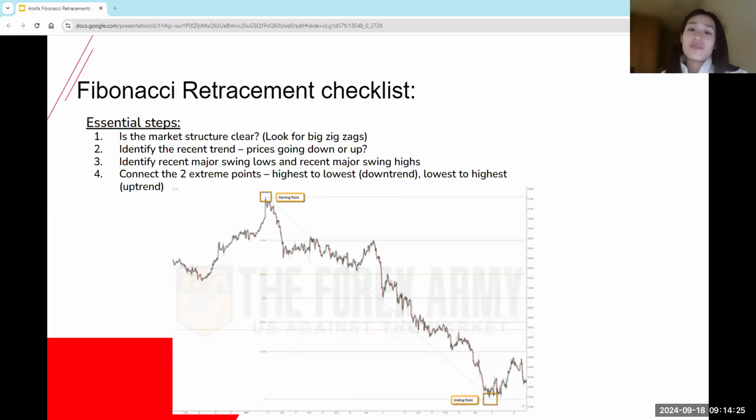We normally advise following the general trend of the chart, unless you have very obvious reasons why you think the price might bounce off a certain support level, or that prices might change direction. Next is to identify recent major swing lows and swing highs, and we'll show you some examples of significant swings as well. Next is to connect the two extreme points: from the highest to the lowest if it's a downtrend, and from the lowest to the highest if it's an uptrend.